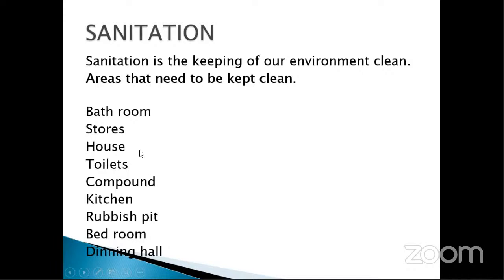So these are the areas in our environment, in the place we live, that need to be cleaned. As simple as that.